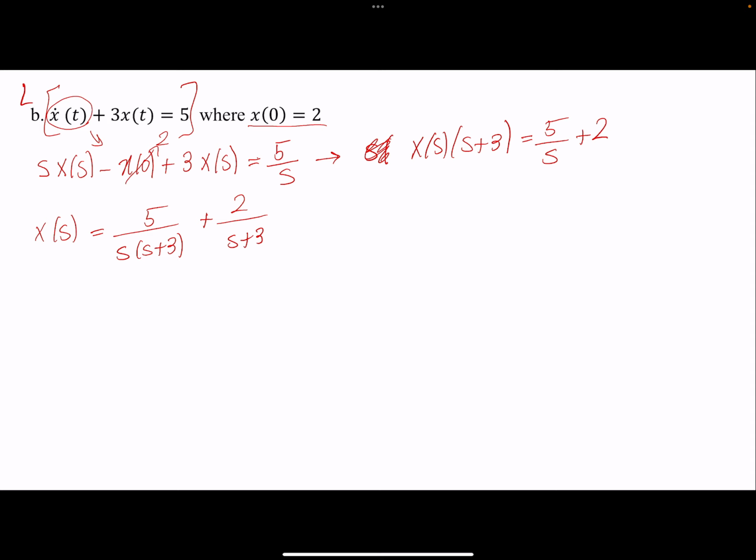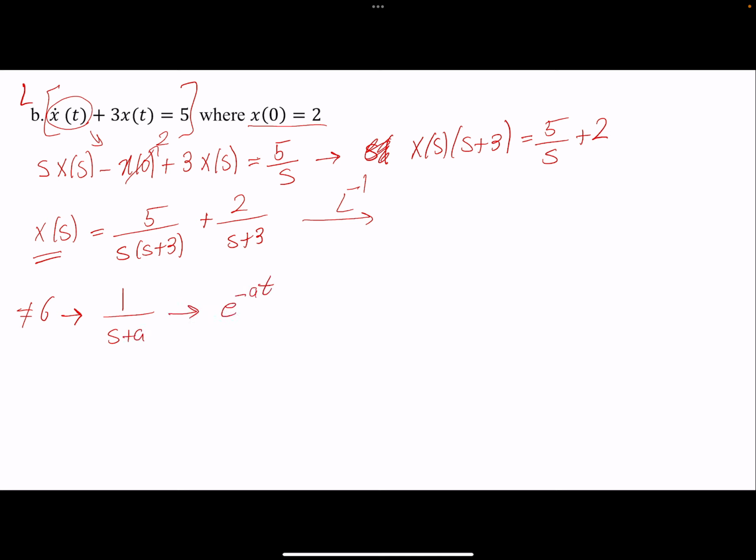So now that I have rearranged it and have my dependent variable as a function of s, the next thing is taking a Laplace inverse. So we need to go and refer to the rules to see how we can take an inverse and change it to a time domain. The rule that we are going to use is rule number 6. If you remember, rule number 6, I write it here. If we have 1 over s plus a, that would be e to the minus at.